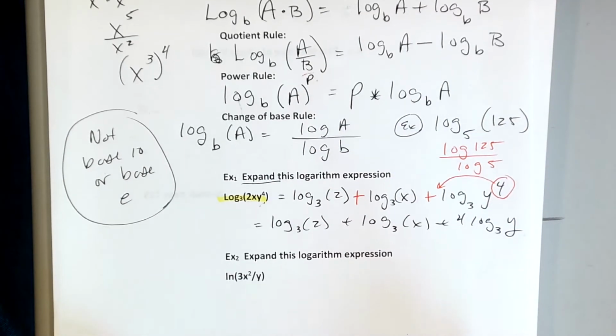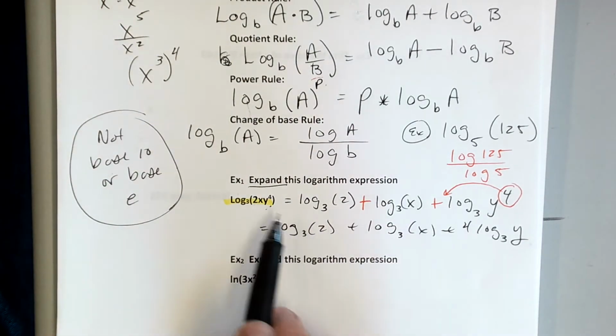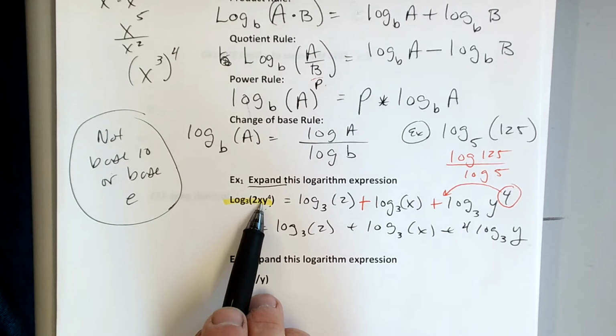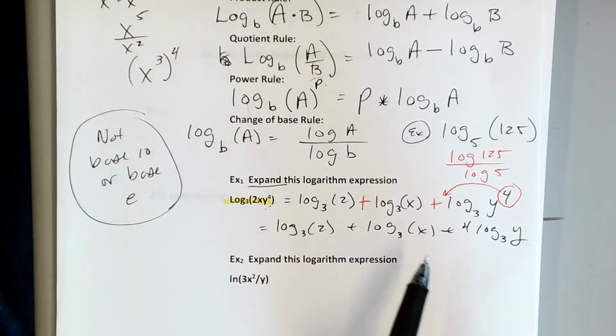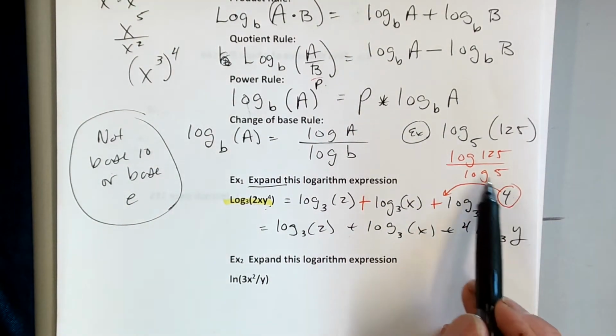So that's the expanded form. It's not that hard. Where you see multiply, you take it apart with plus signs. Thumbs up on that? Good. And when you see an exponent, you bring the exponent down in front.